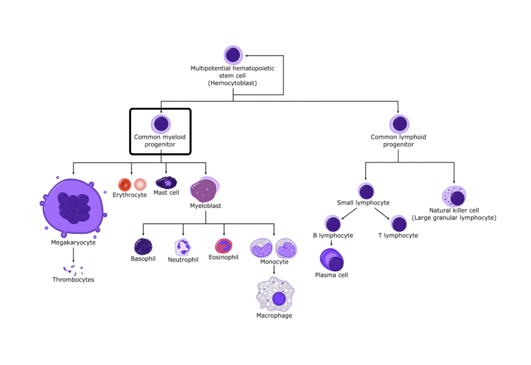The myeloid progenitors can further develop based on the signals they're receiving through their cell membranes into a megakaryocyte that forms thrombocytes, things that help clotting, erythrocytes that carry oxygen, mast cells, and then a myeloblast. The myeloblasts can further differentiate into basophils, neutrophils, eosinophils, or monocytes. And the monocytes can further differentiate into macrophages.